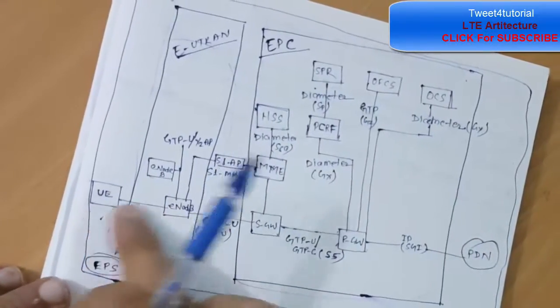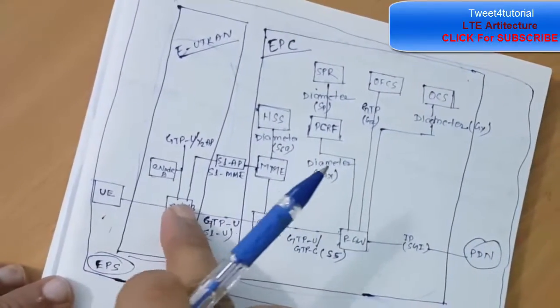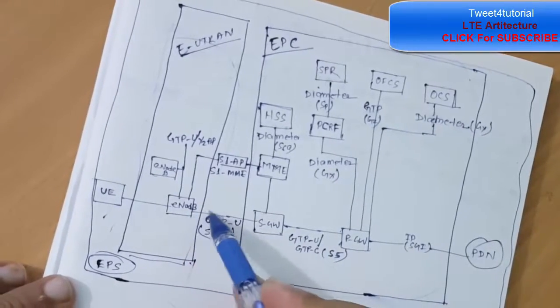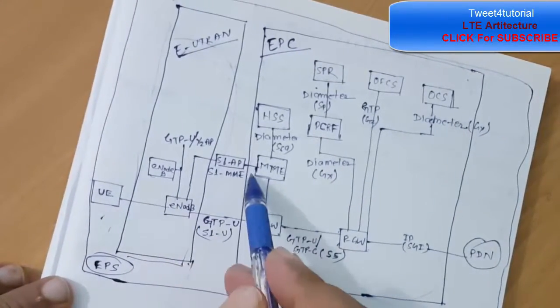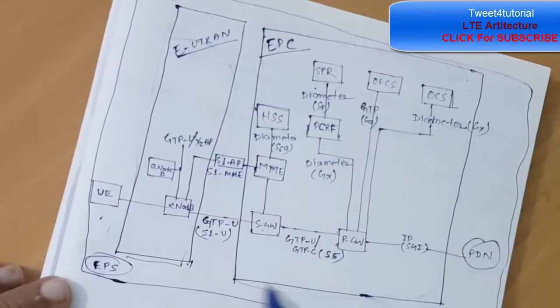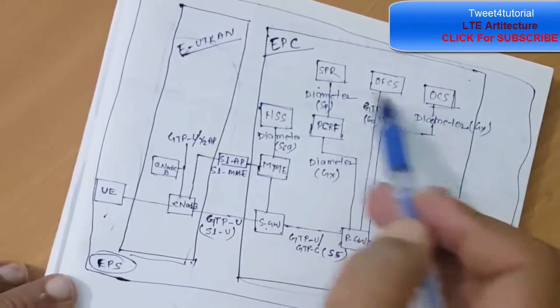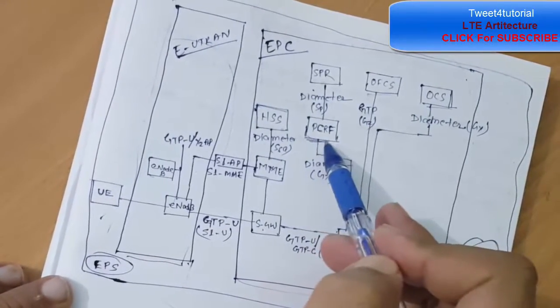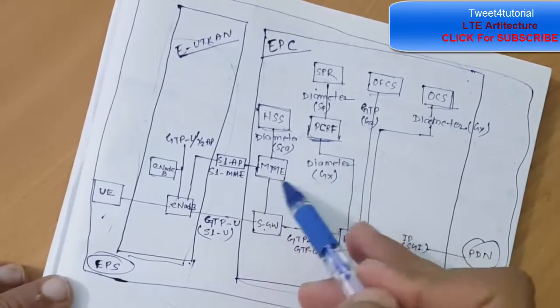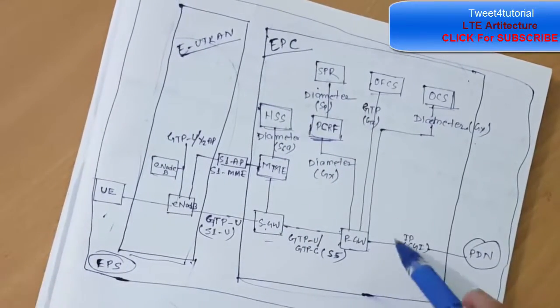Here the UE is attached, connected to the eNodeB, and the eNodeB is connected to the serving gateway and the MME, and this is part of the EPC, here OFCS, OCS, PCRF. Already told that PCRF is here, HSS, MME, serving gateway, PDN gateway.